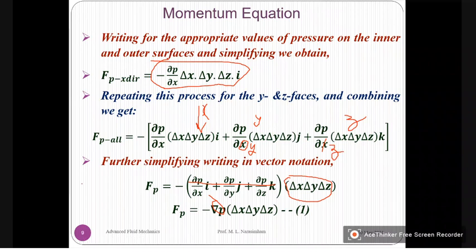So if I want to write the force due to pressure in x direction, this will be simply minus dou p by dou x into delta V. I will use the symbol delta V to indicate the total volume.